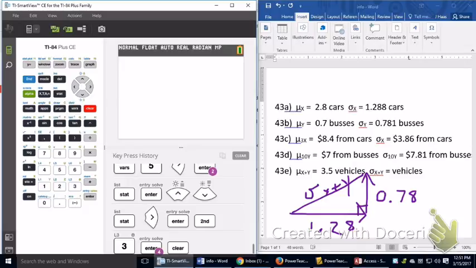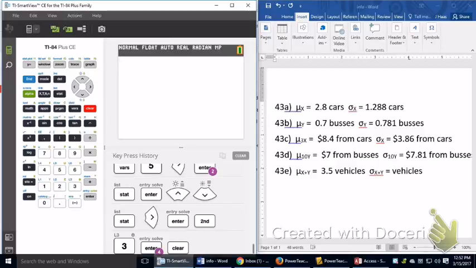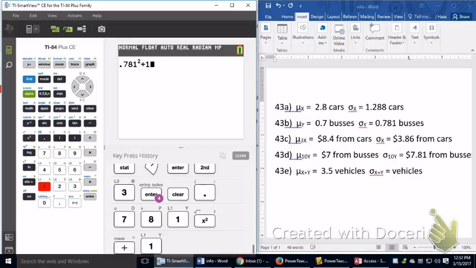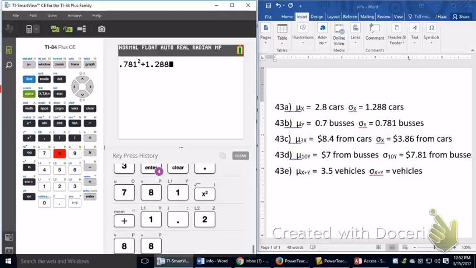Now when I do square things in this Pythagorean theorem, what I'm actually doing is adding variances. So it's important to remember that standard deviations do not add, but variances can. So in this particular problem, we're going to have 0.781 for our buses. I'm going to square that plus the 1.288 for the cars.